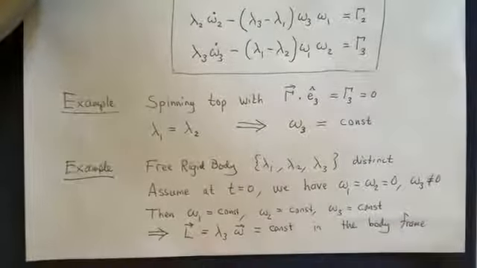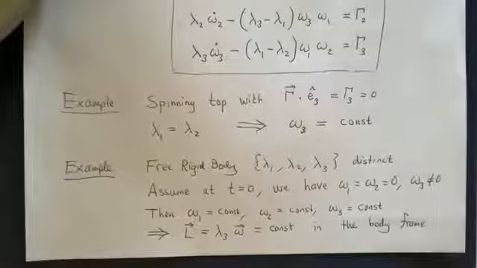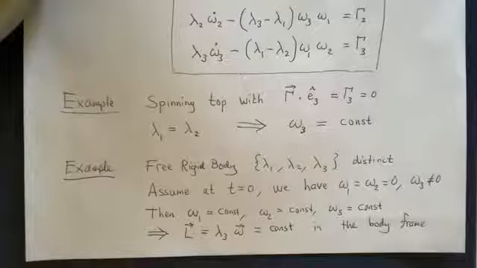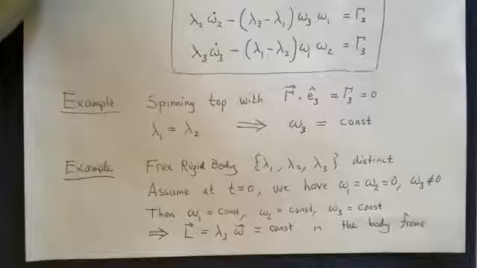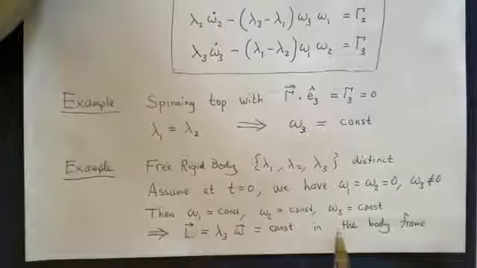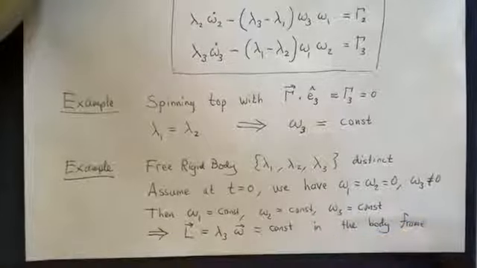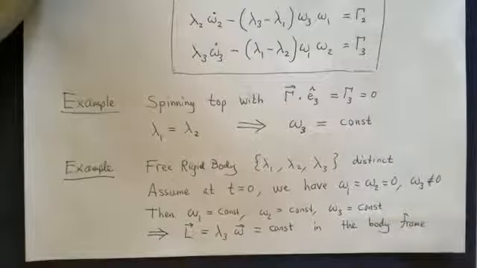Okay, and now let's talk about rank 0 tensors, dot products. Well, when you have the dot product, we know the dot product, because it's rotationally invariant, an observer in the body frame will agree with an observer in the space frame about the dot product. And the result is everyone agrees that the angular momentum vector is parallel to E hat 3. If this is true in one frame, then it's true in every frame.